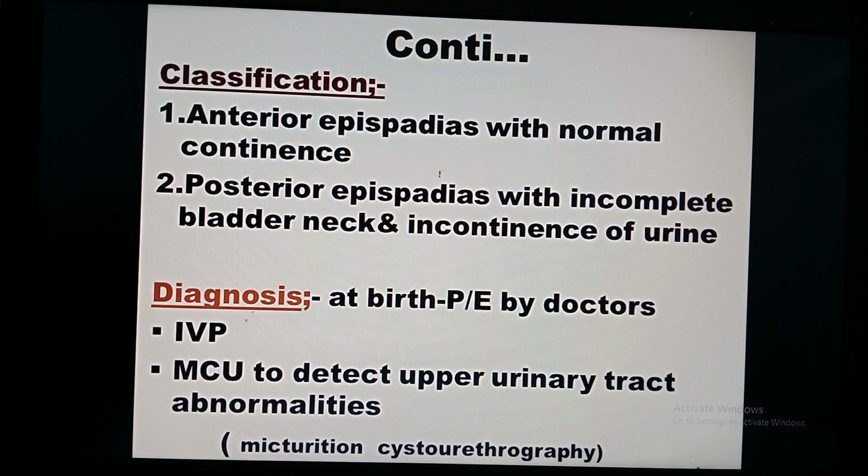Because in posterior epispadias, the back side, the upper part of the penis, is directly connected with the bladder neck. So there is more chance for the urine to flow back to the kidney. To know that, they will do MCU also.